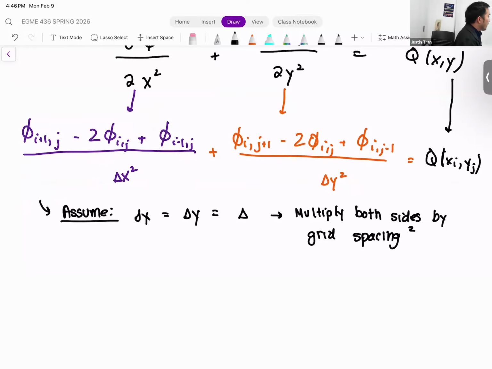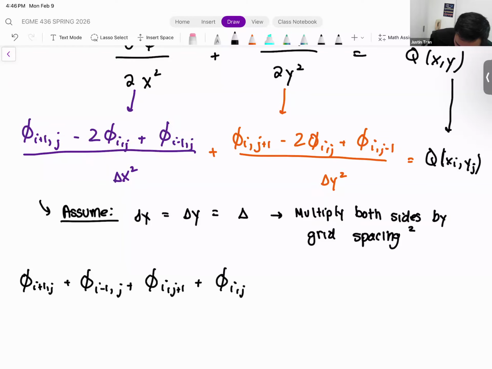If we do that and combine like terms, we end up with our very generic 2D diffusion equation: phi i plus 1, comma j, plus phi i minus 1, comma j, plus phi i, comma j plus 1, plus phi i, comma j minus 1.